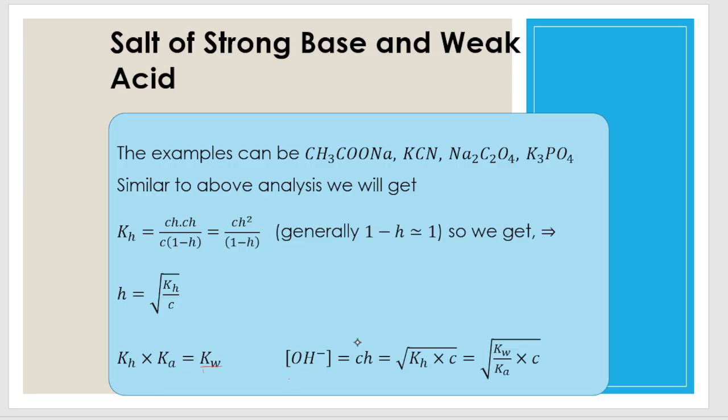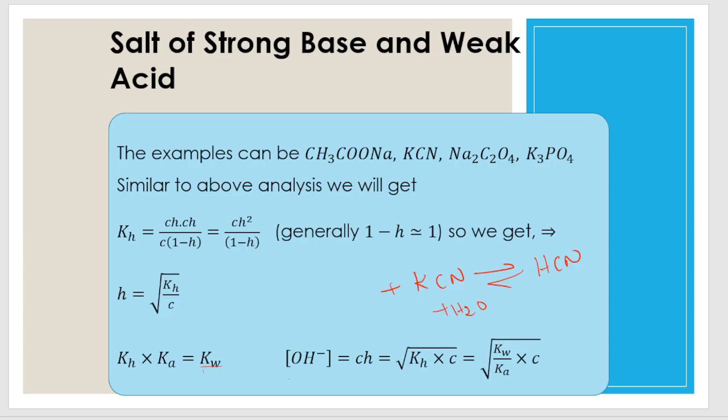And here, just like the first case, if we consider KCN hydrolysis, for example, KCN on hydrolysis readily produces undissociated HCN, and K plus readily combines with OH minus to form KOH.